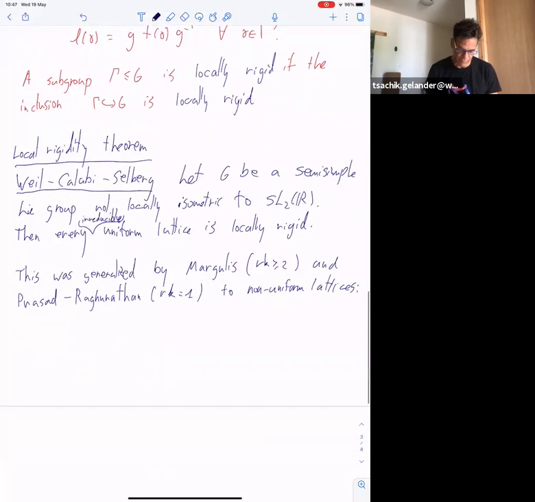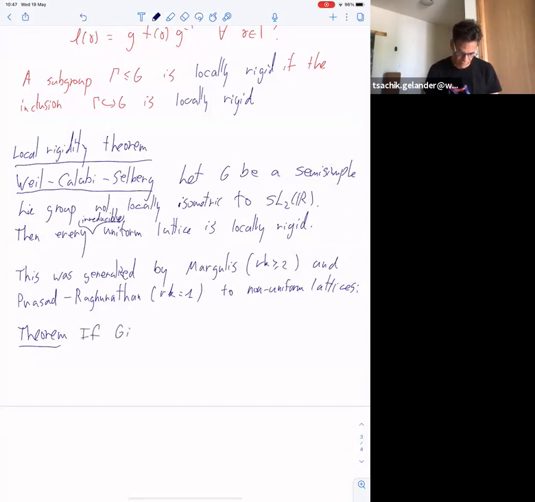And now the theorem is the following. We need to assume that G is not locally isometric to SL2R or SL2C.